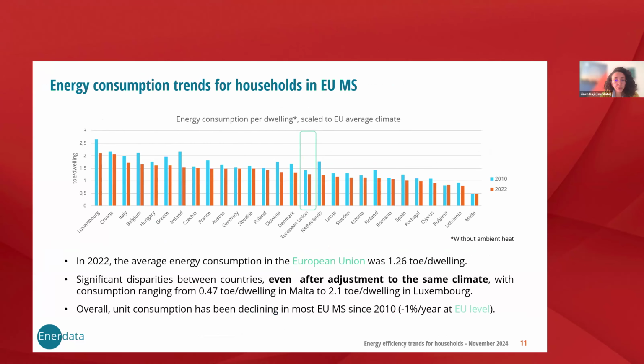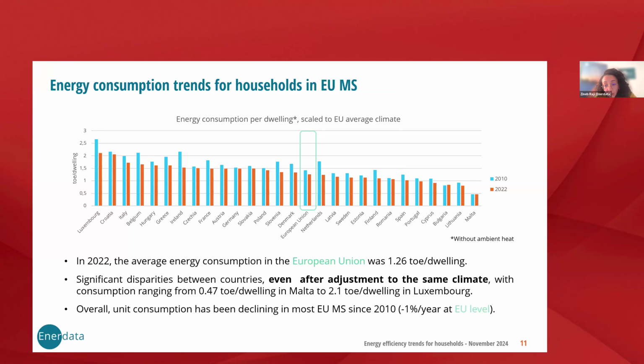So moving on to unit consumption per dwelling. So this slide shows the evolution of energy consumption for permanently occupied dwellings per dwelling. So what we can see at EU level is an average of 1.26 TOE per dwelling. We can also observe different unit consumptions per country, even after adjustment to the same climate.